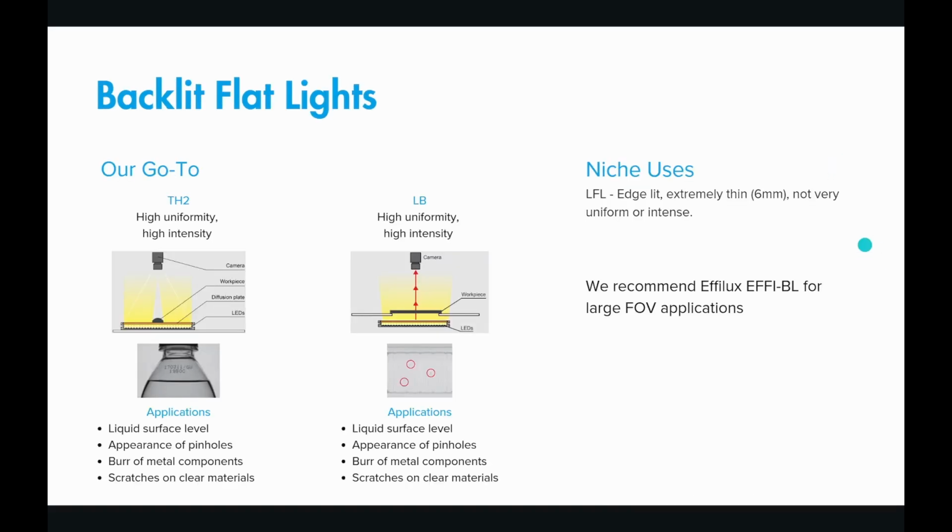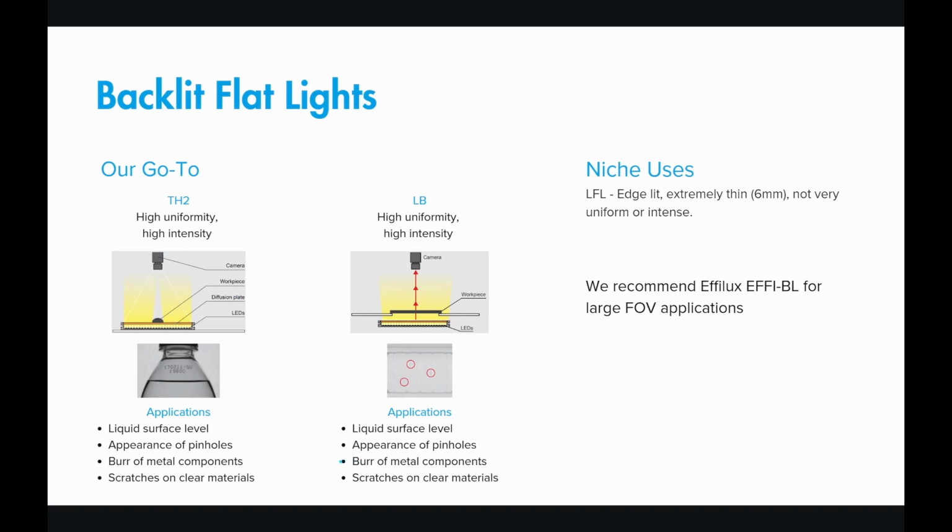So our go-to for the backlit flat light is the TH2. It's designed with all the LEDs on the back of the light. They shine up into a really diffuse diffusion plate, and then that illuminates a very uniform emitting surface to the camera.